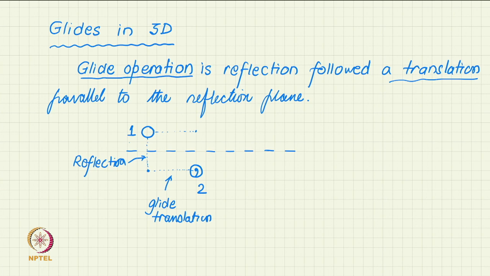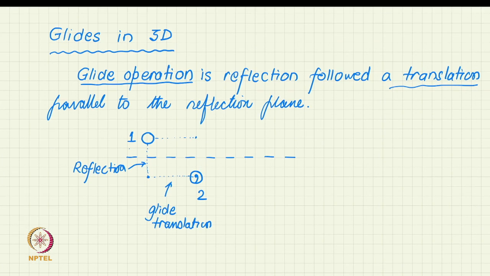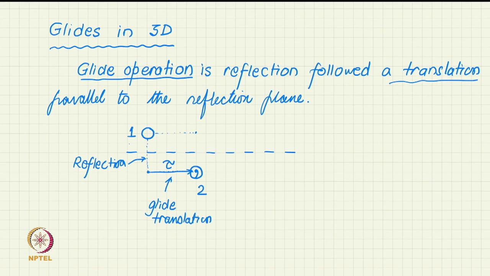But any symmetry operation can be applied many times. So, let me represent this glide translation as tau. So, if I again apply the glide operation to object 2, then I will again reflect. So, it will get back to the original handedness, and I will again translate by the same amount tau to get to 3.